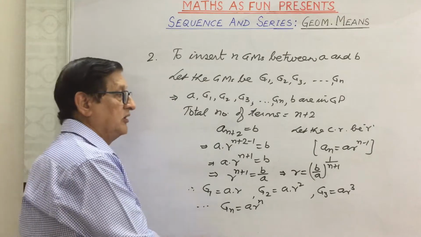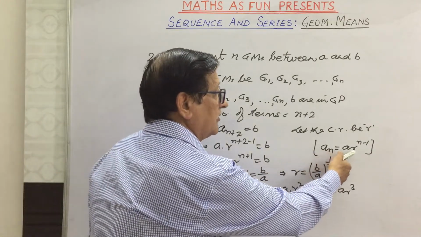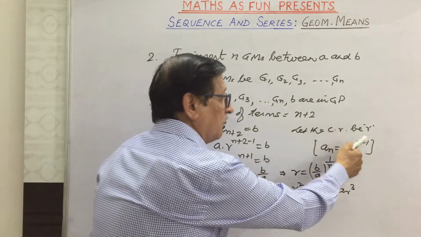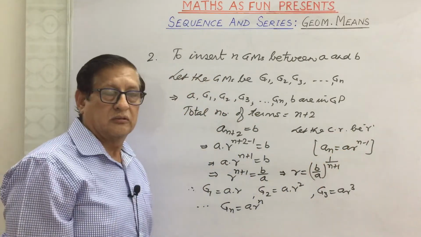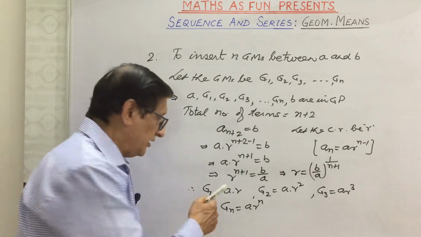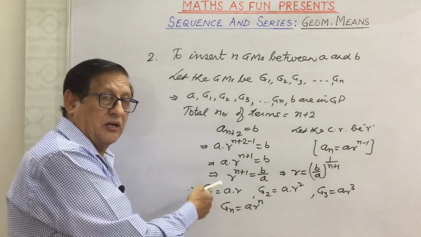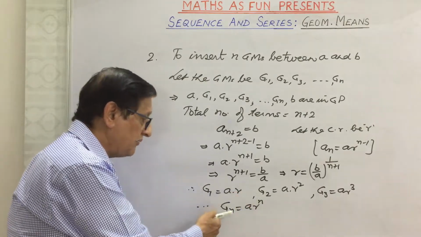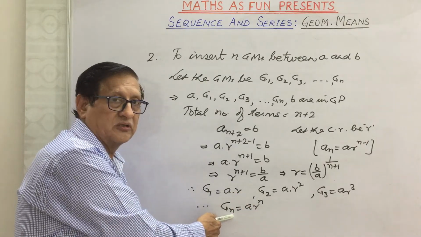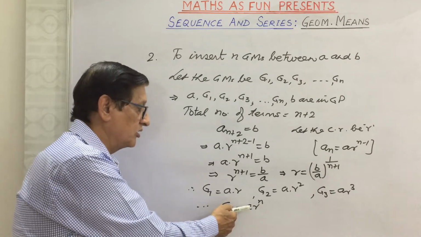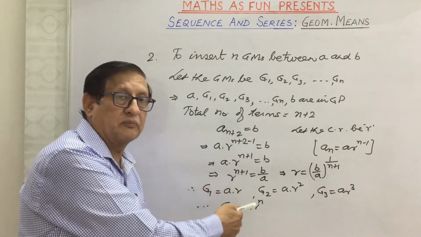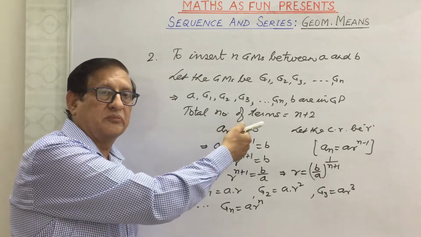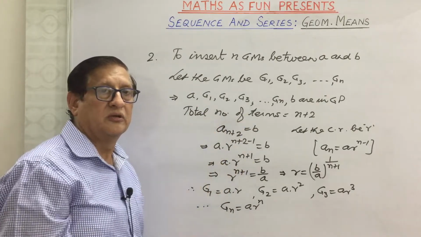If you remember, the nth term was given by A into R power n minus 1, where the power was 1 less than the number of the term. In the case of the nth geometric mean, the power of R is the same as the number of the geometric mean, that is Gn is equal to A into R power n. This is the way we can find any number of geometric means between any two given numbers.